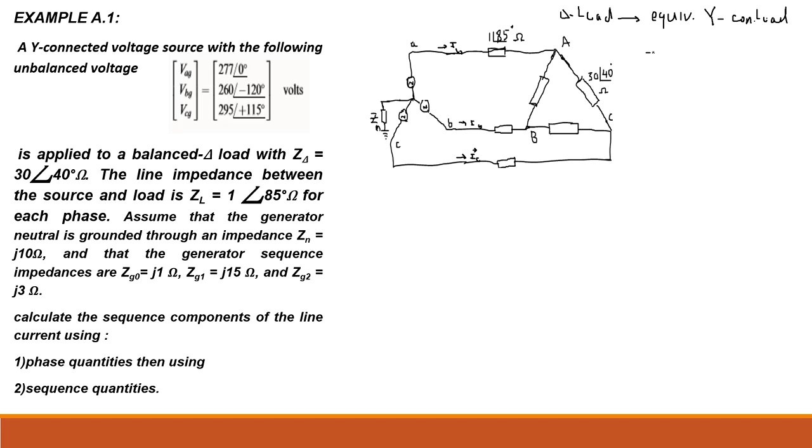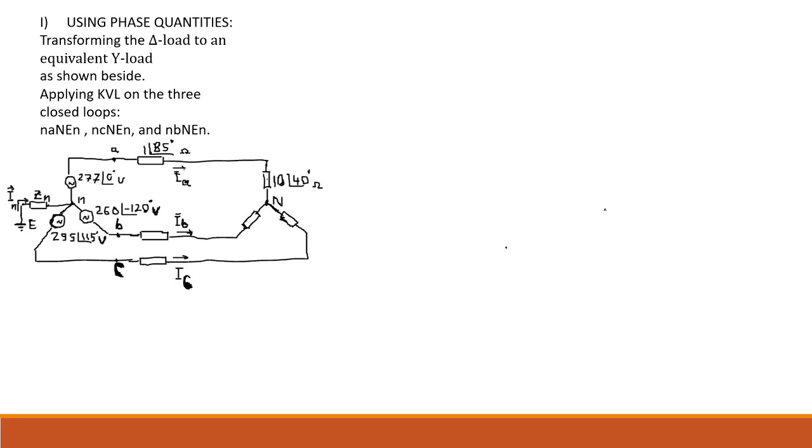The star connected load in this case is equal to the delta connected load divided by 3, and we have in this case the following diagram.